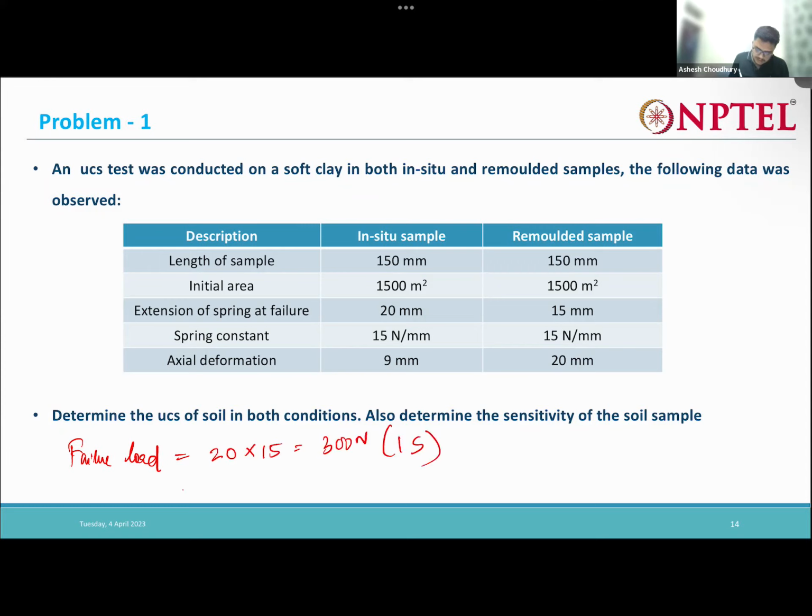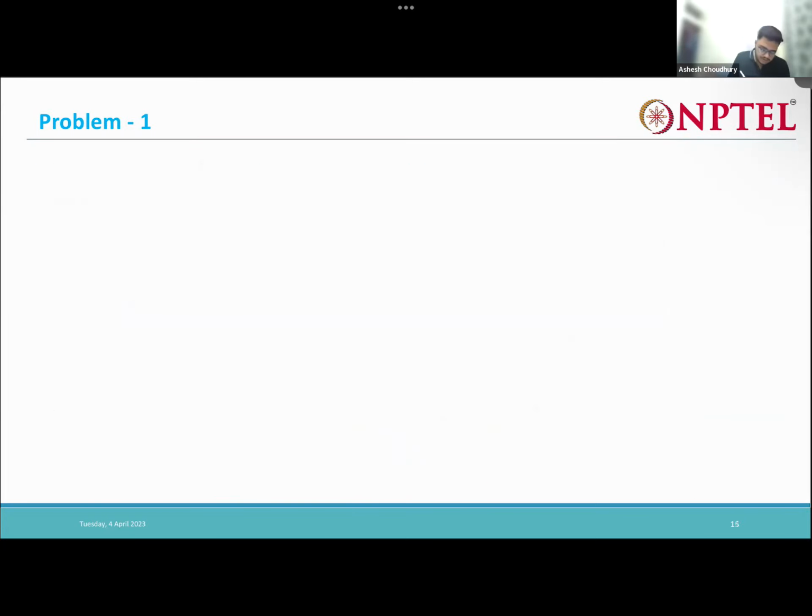And in the other case, it's 15 into 15, which is 225 Newton. It is the remolded sample. Okay, so these are my failure loads. Now for the in situ sample, the failure load we have calculated is 300 Newton.